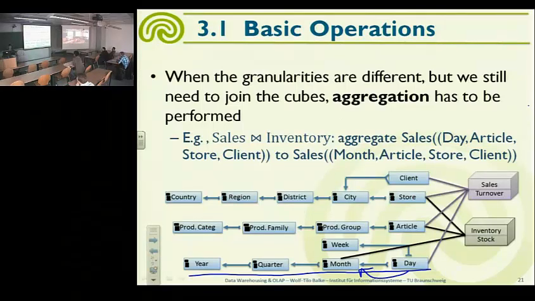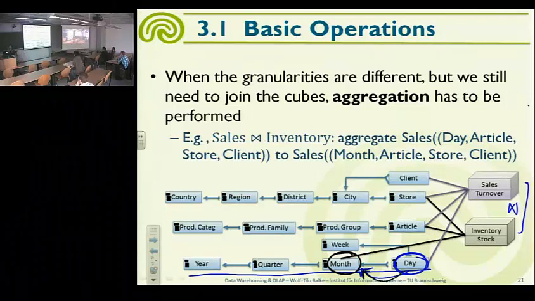As an example, we have two cubes that we want to join, the sales and the inventory. As you can see, in the time dimensions, the sales cube starts with the day, while the inventory starts with the month. And it looks like we already have the month.